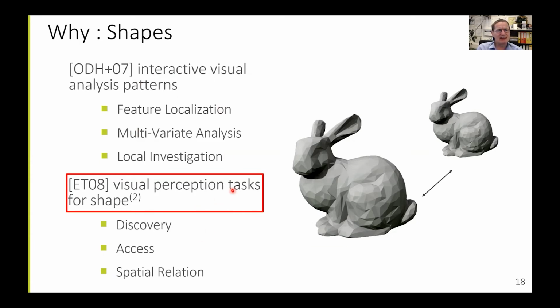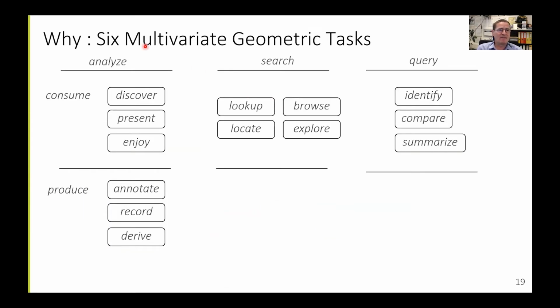And we would like to integrate these taxonomies together with what we know from Munzner and make it applicable to our use cases. So in the Munzner book, we have multivariate geometric tasks. You can analyze, you can search, you can query, and basically they are subdivided in the consume area and in the produce. Here you are using the data to discover or present and so on, or you produce it, you annotate it, you generate labels, or you derive further data that you are looking at.